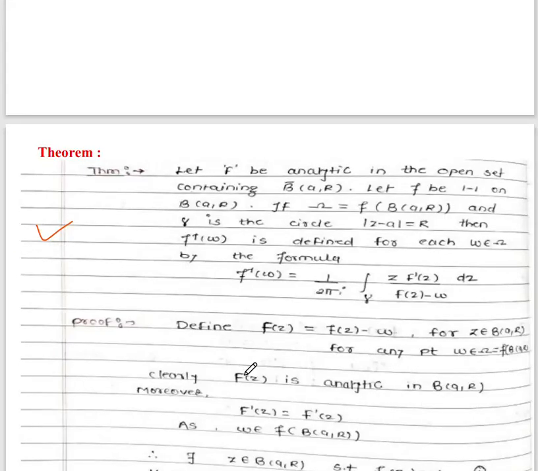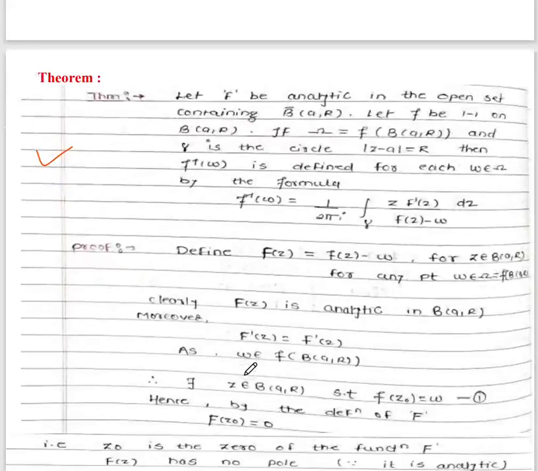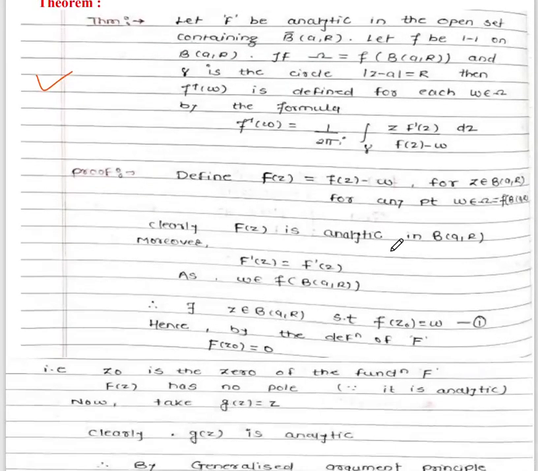To prove this theorem, let us define a function F of z equal to f of z minus w, where z belongs to the open circle with center a and radius R, for any point w belonging to omega.